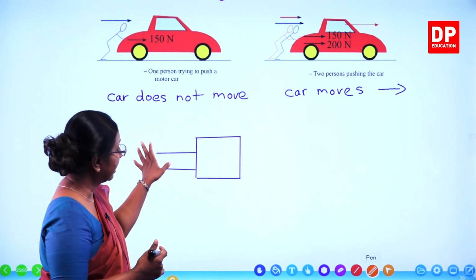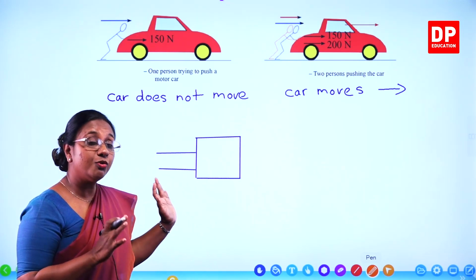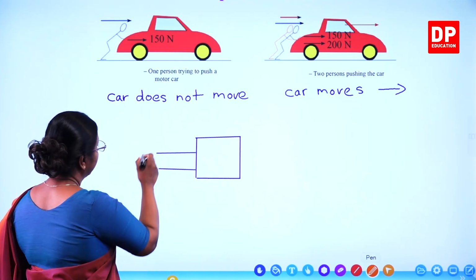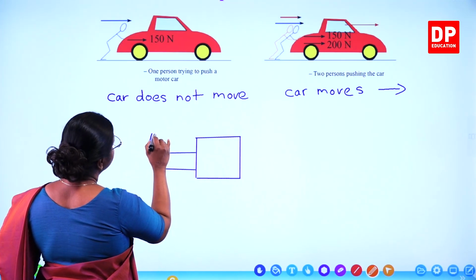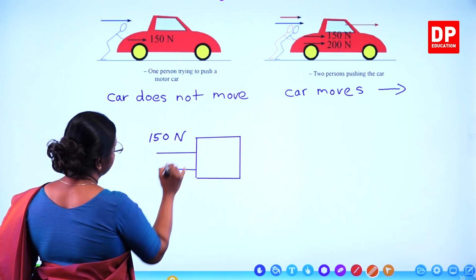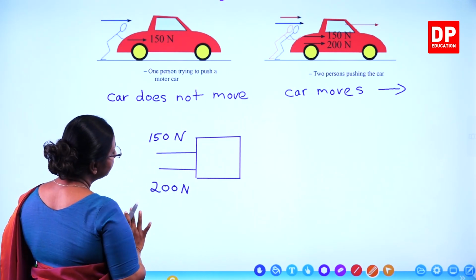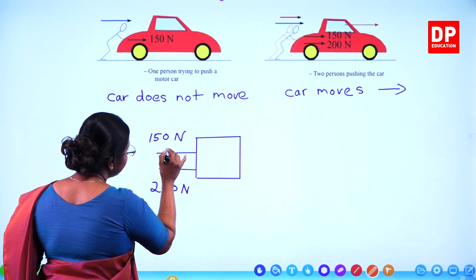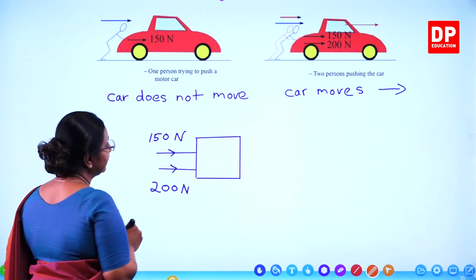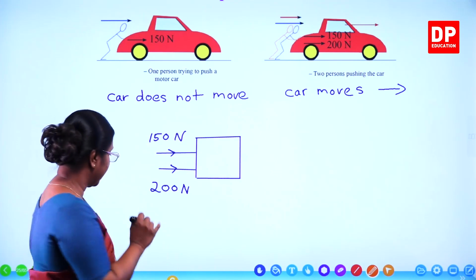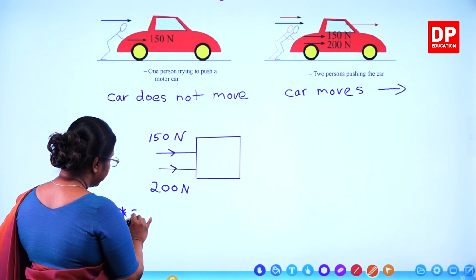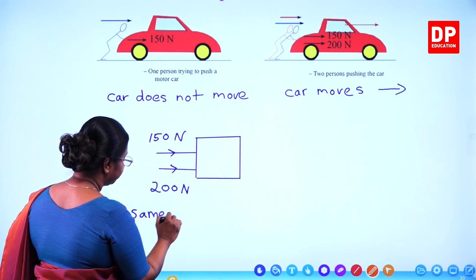But here I have just drawn it to show what happens to the object. We'll say this is the 150 Newton force and this is the 200 Newton force. The magnitudes are different. But what is important is that they are acting in the same direction.